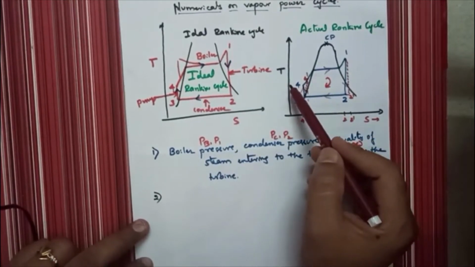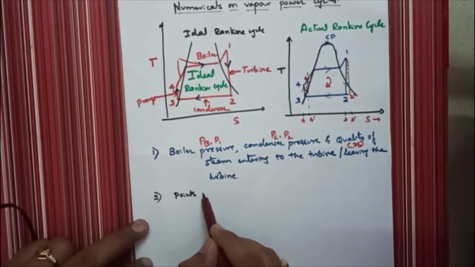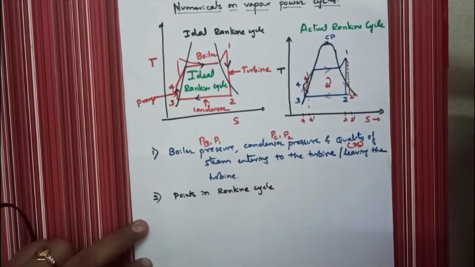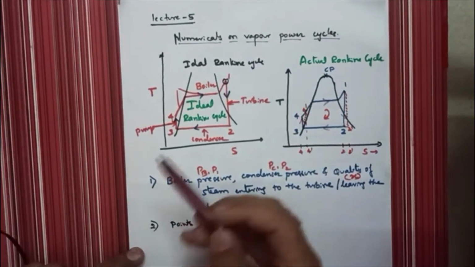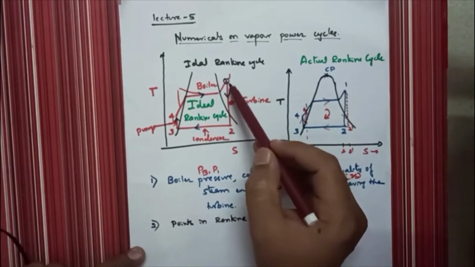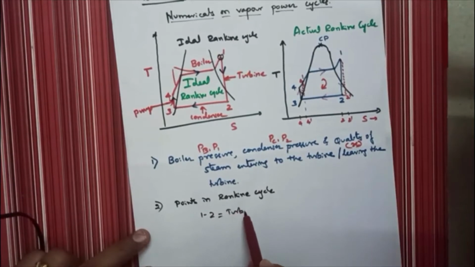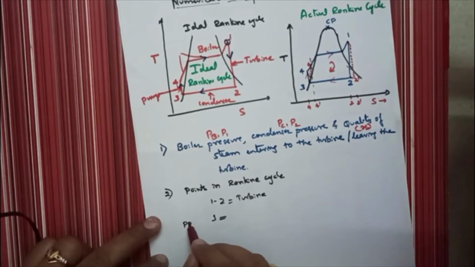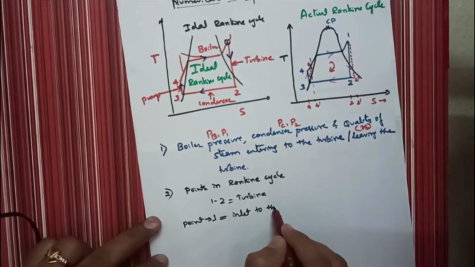First you have to understand the points, the positions, in the Rankine cycle. It is very important. Okay, first for example, point number 1, if I ask you what is point number 1, so point number 1 is inlet to the turbine, because 1 to 2 is turbine. Point 1 is inlet to the turbine.